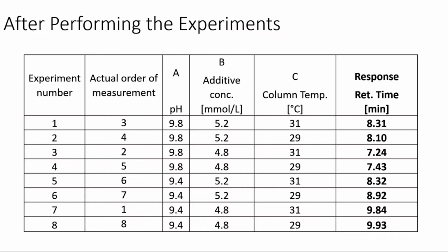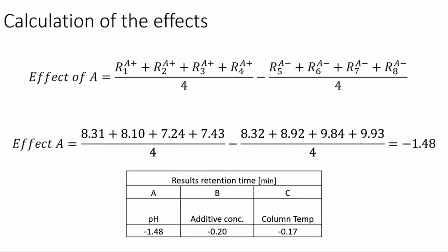And from here on, we are now starting to go into the calculation part of design of experiment. We are now able to calculate effects, which are representative here. For example, factor A equals the pH value, and its effect on the retention time. This is calculated in the following way.